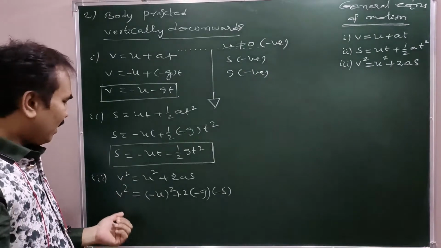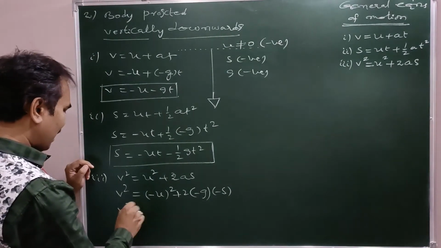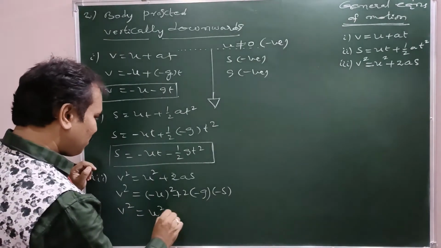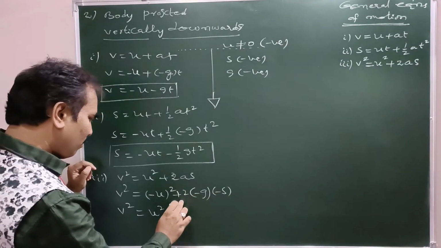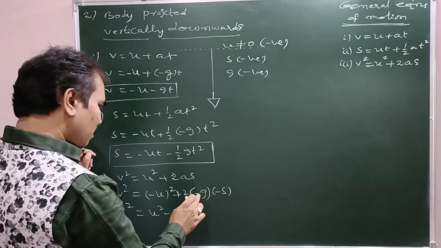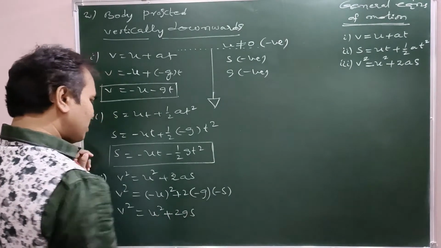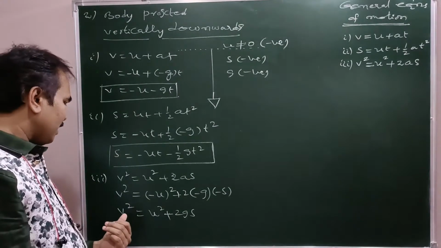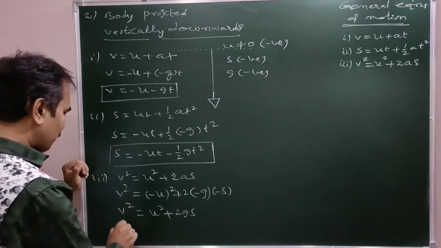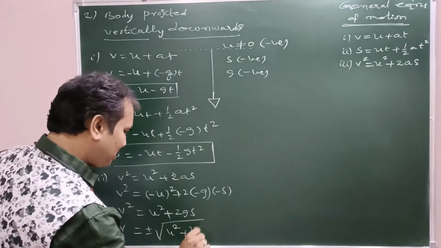So v square equals u square plus 2gs. Making it the subject, v becomes plus or minus root over u square plus 2gs.